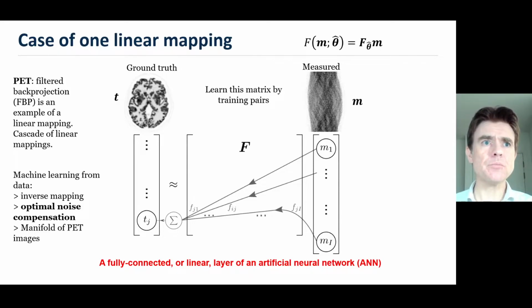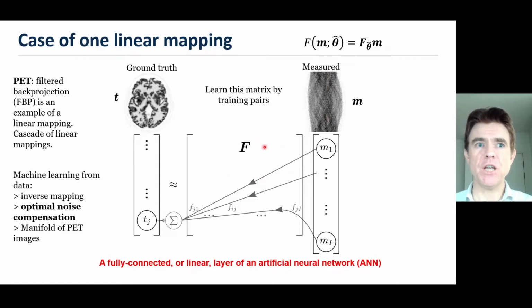And so with machine learning then, what would be the key difference compared to, say, a filtered back projection linear mapping? Well, first of all, machine learning would not only be learning the inverse mapping here, but it would also at the same time be directly accounting for the presence of noise in the measured data.